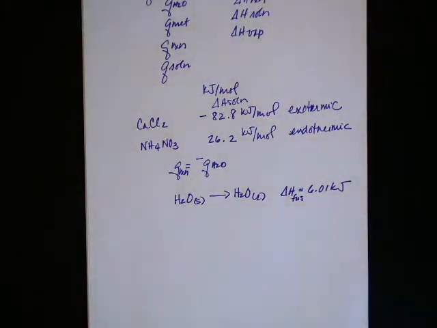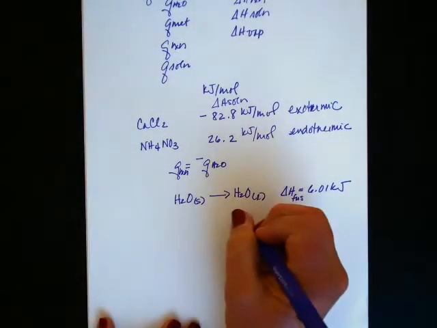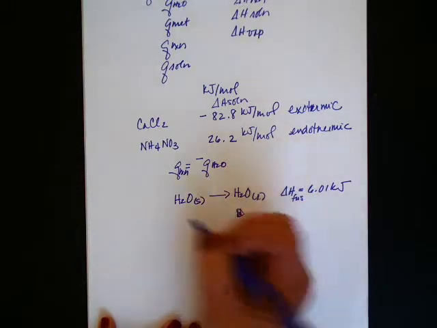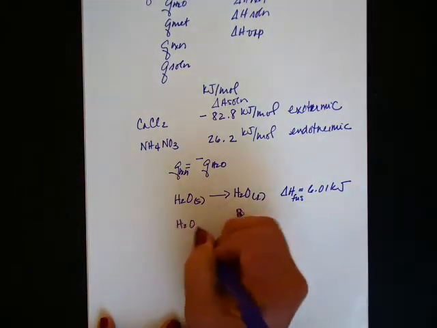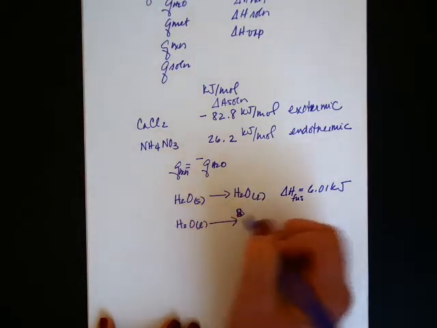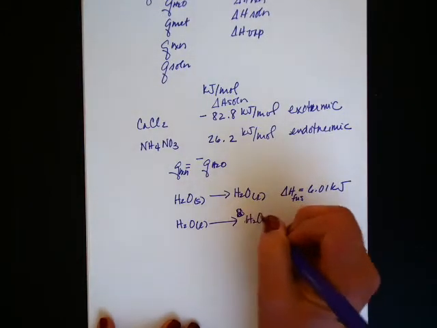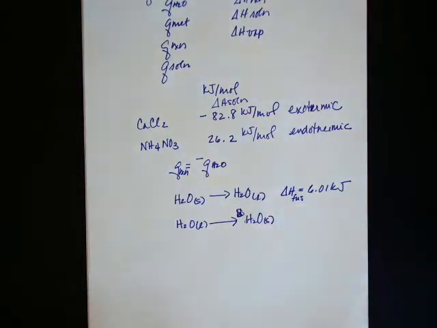So to melt ice, is this process exothermic or endothermic? Endo. It's absorbing heat from the surroundings. Okay. The reverse process, if we are freezing, so this is the opposite process, what would its delta H be?